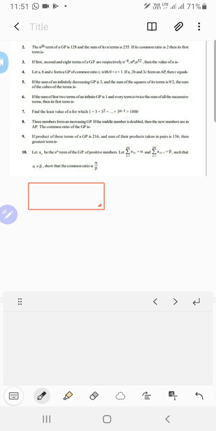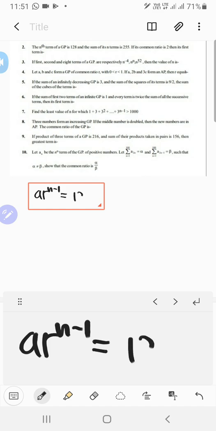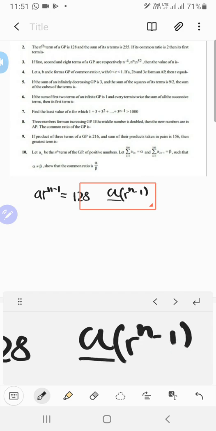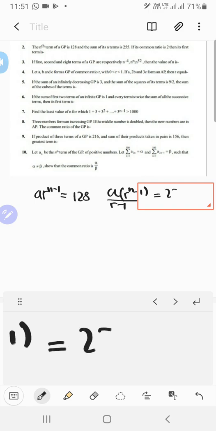Okay, so the nth term of a GP is 128, which means that a times r to the n minus 1 is 128. The sum of its n terms is 255, which means that a times r to the n minus 1 upon r minus 1 is 255.